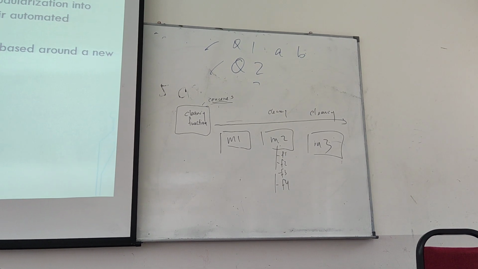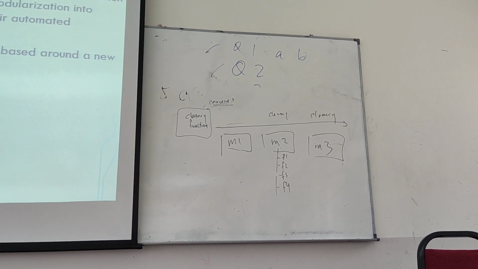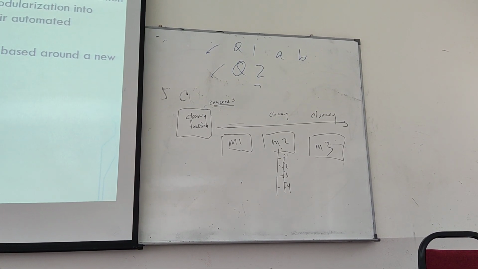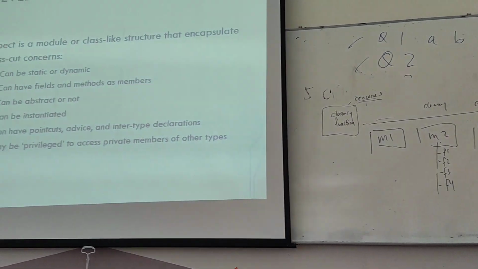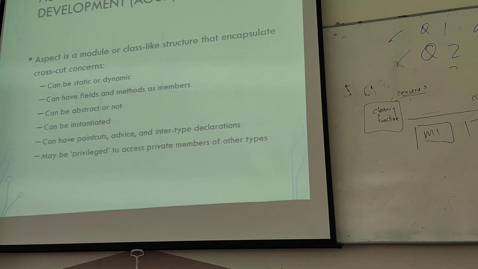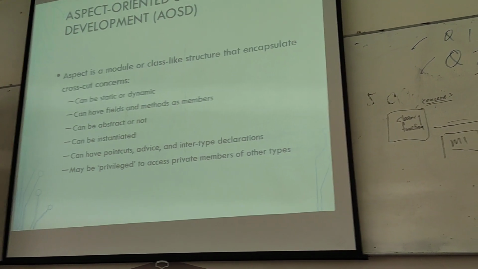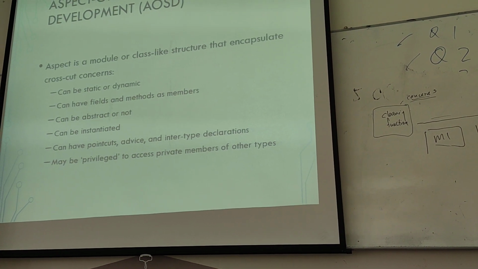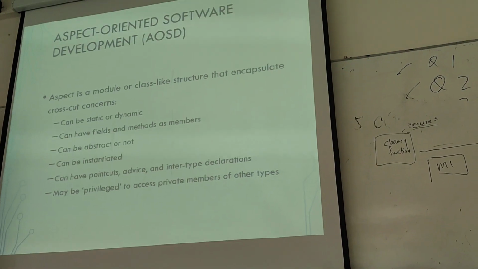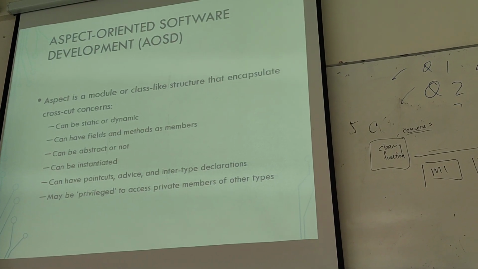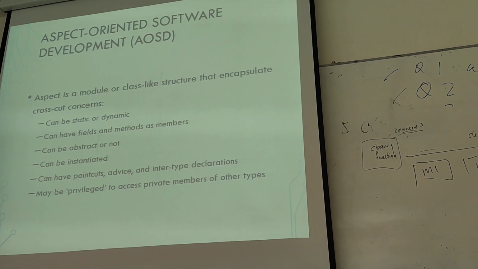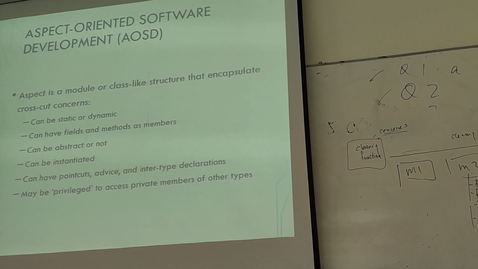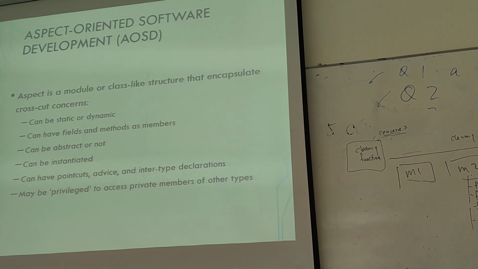An approach of development around a new type of abstraction is called an aspect. An aspect is a module or class-like structure that encapsulates the cross-cutting concern. It can be either static or dynamic, can have methods and fields, can be abstract or not abstract, and can have pointcut, advice, and inter-type declarations.